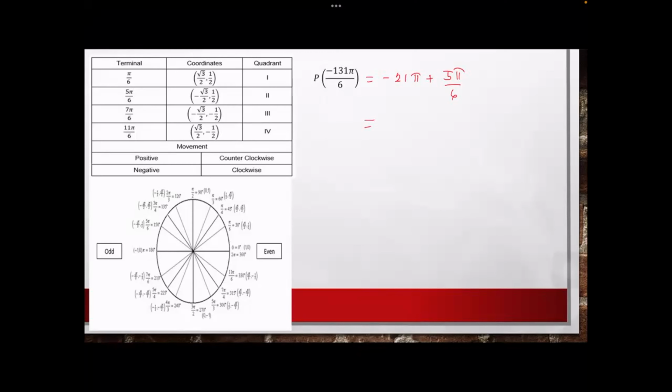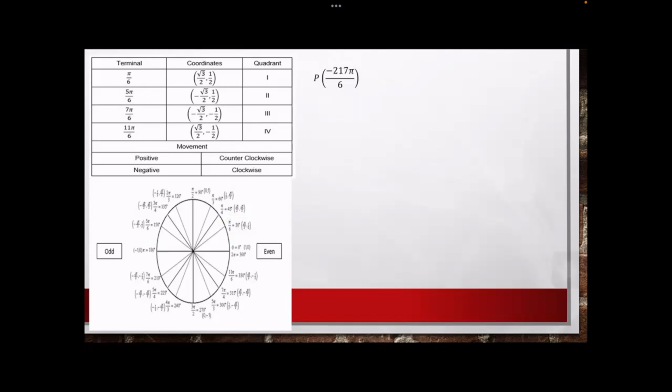So this is add po, tapos negative. So ilang movement siya? 5 po pataas. So parang dito na mapupunta siya sa Quadrant 1 po. Quadrant 1. That's pi over 6. So therefore, magkaroon ka dito ng... What's your coordinate? Square root of 3 over 2 and saka po 1/2 po. Okay.